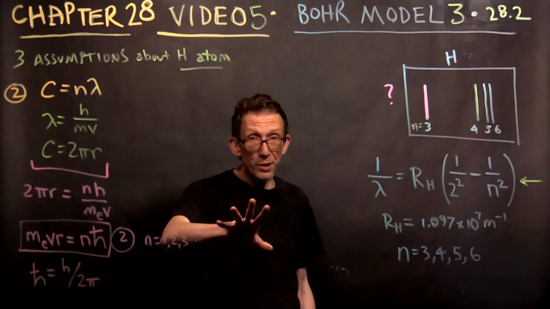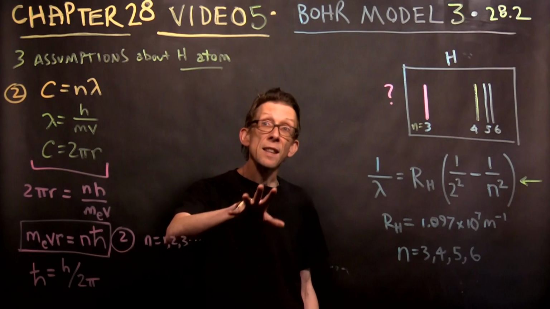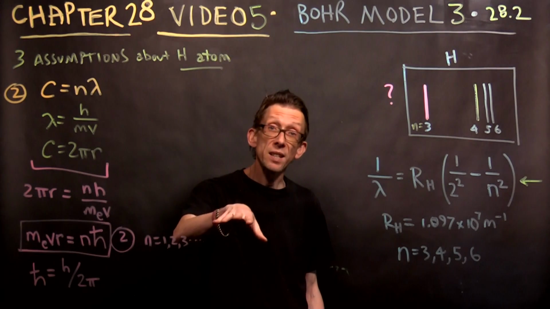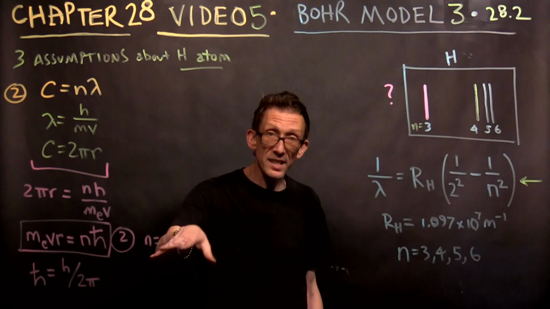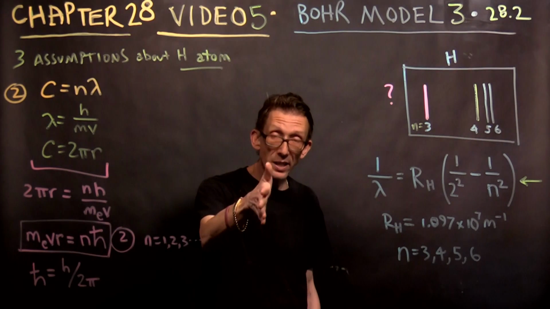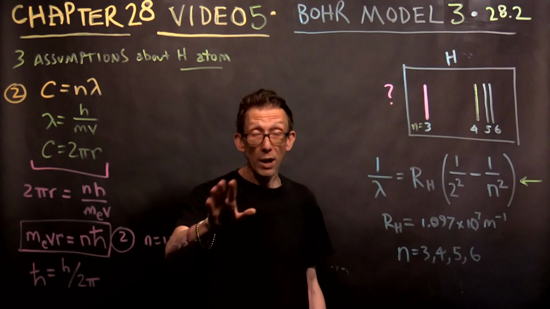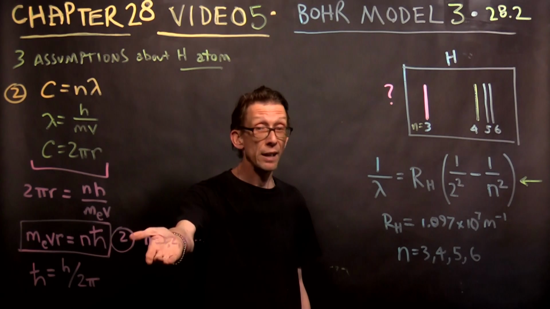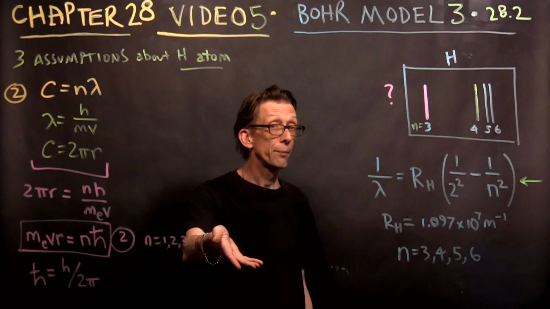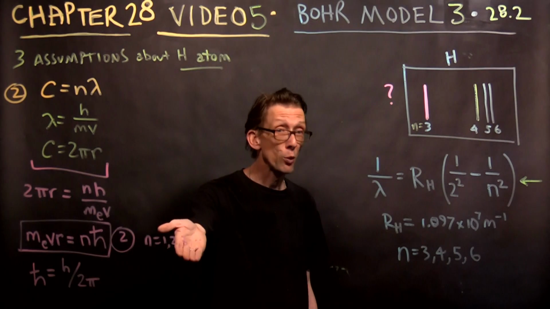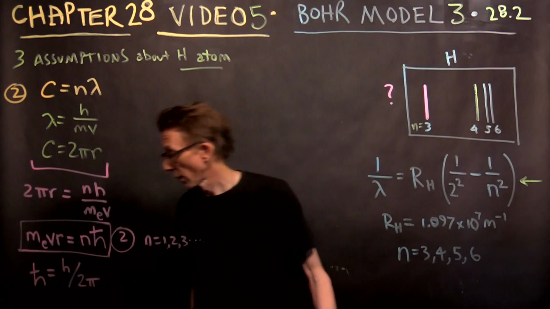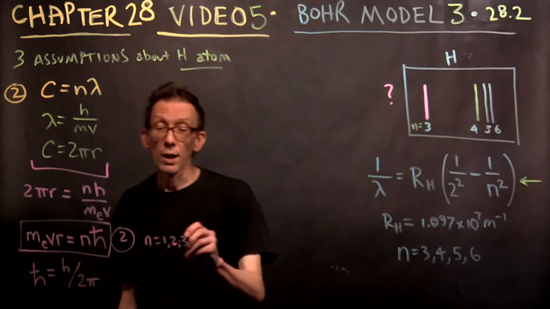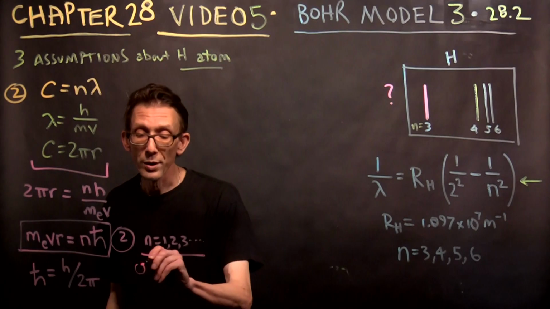This is the first place where we see that atoms, electrons within atoms, only exist in certain states, discrete states. Right now, those states are denoted by the letter n: 1, 2, 3, whatever. We have state number 1, state number 2, state number 3. This is our first example of what's known as a quantum number.